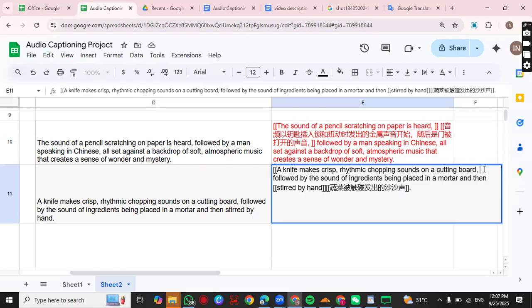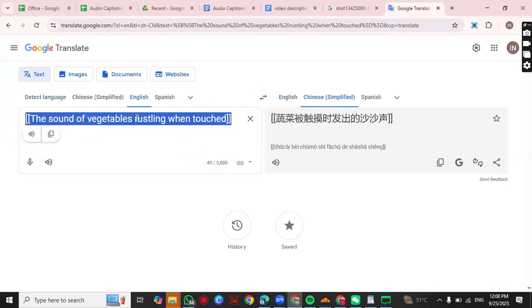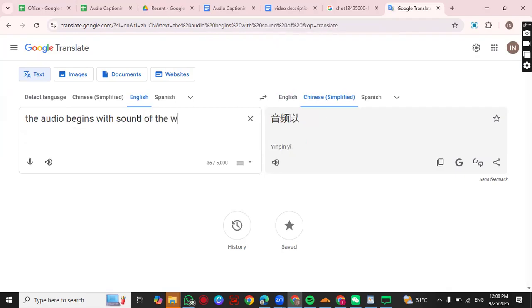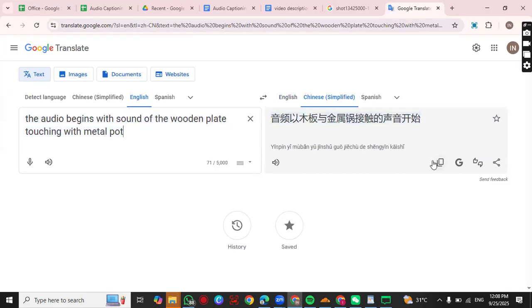So up to here we put it in square brackets. Then we will just type in Google Translate: The audio begins with the sound of the wooden plate touching the metal pot. Correct? Okay, so we'll copy this.